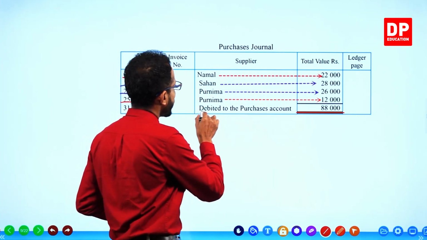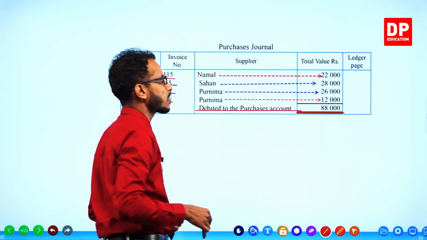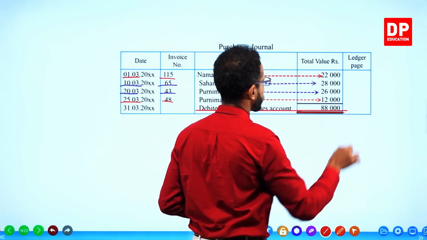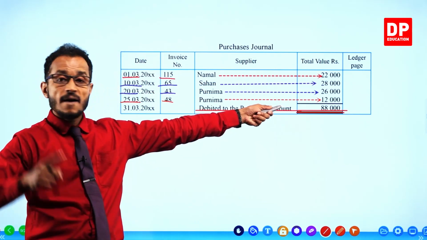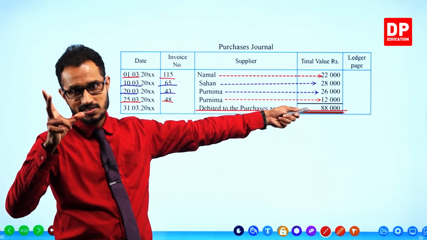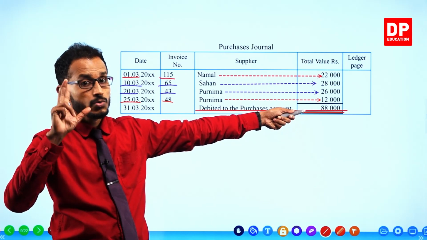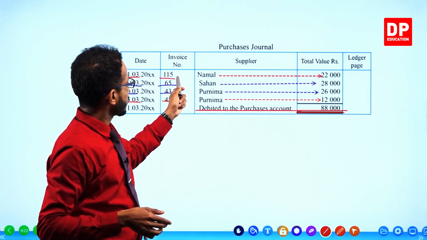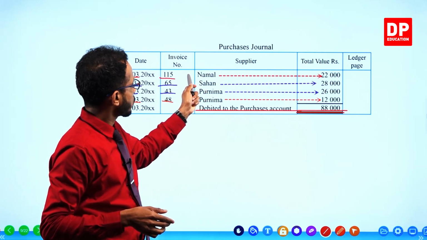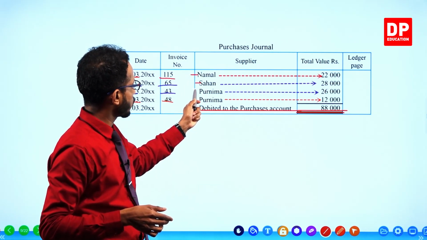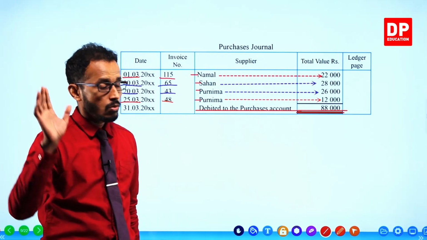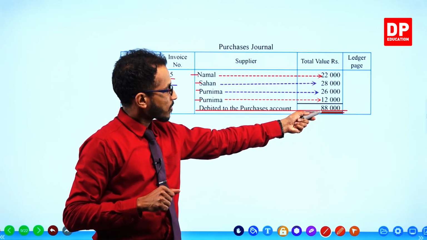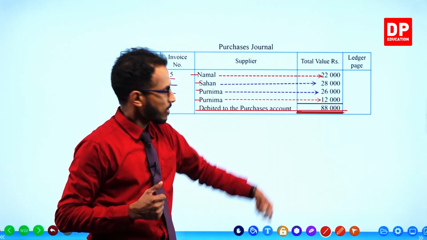Total should be debited to the purchases account. The total purchases, credit purchases. Remember, all these are credit purchases. From Namal, it's a credit purchase. From Sahan also it's a credit purchase. From Purnima, two times. All these credit purchases finally add up to be 88,000.